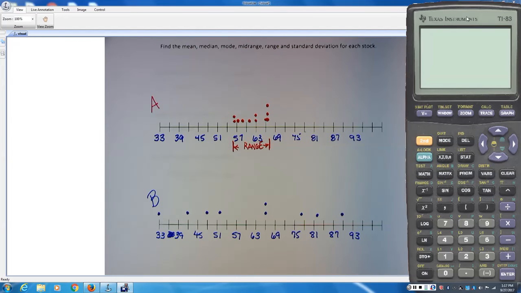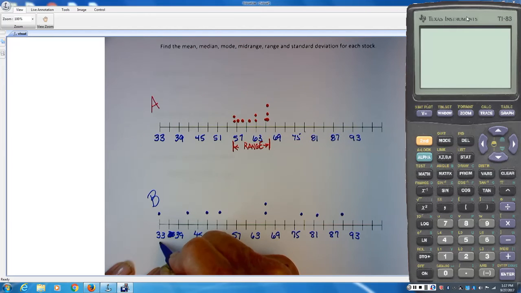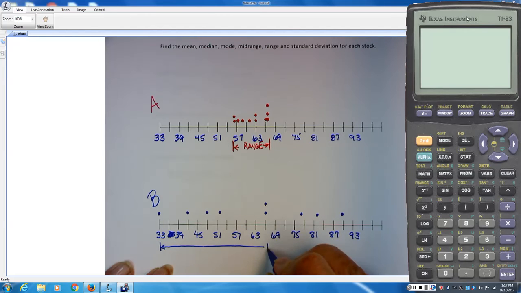The range for stock B, on the other hand, is much wider.